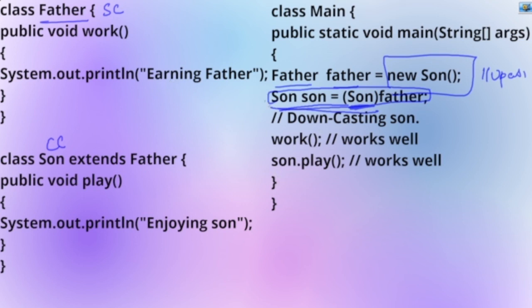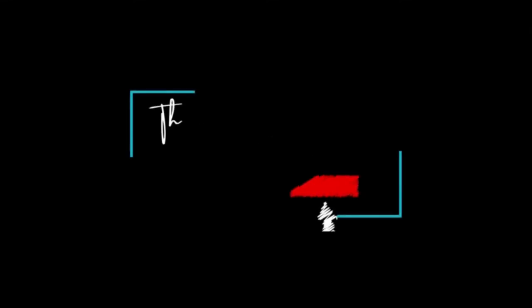If you write Son s is equal to (Son) father, and then use s.work, it is going to work well here. If you do not use this, or if you just use father.work, that also will be fine, but it is not downcasting. Whenever you use downcasting, you need to use the LHS again on the right hand side.